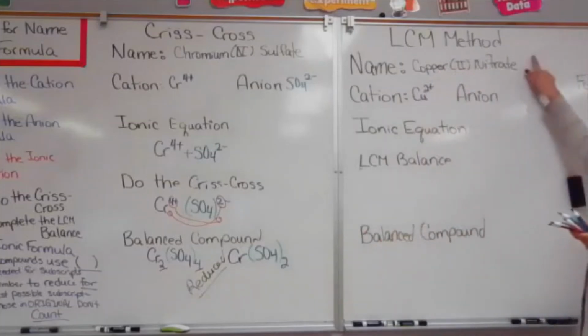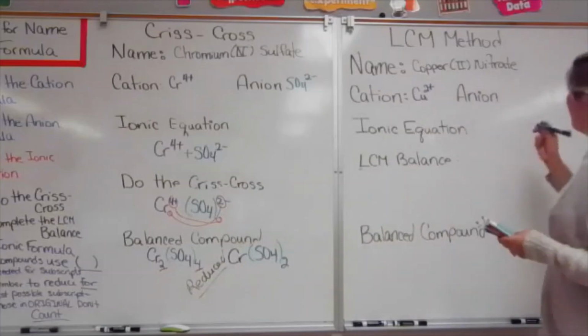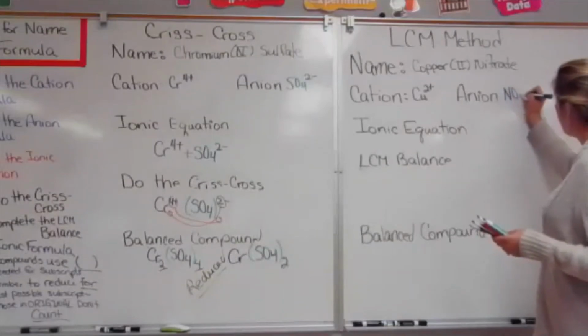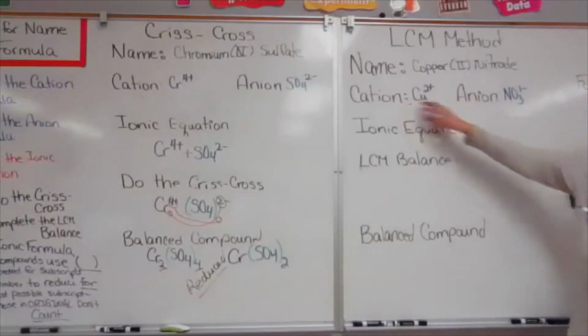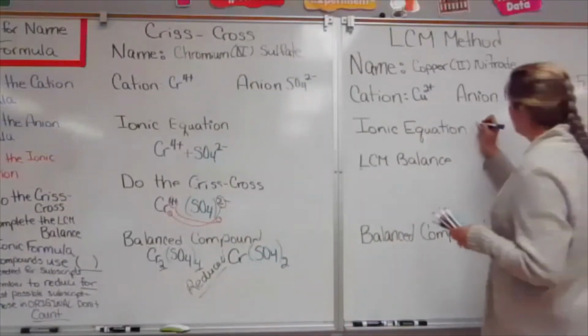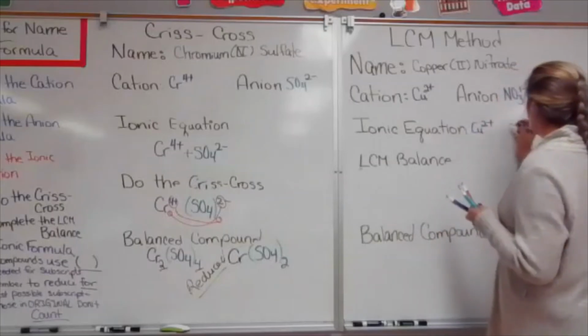Then we have nitrate. Nitrate, we know is the anion because it's written second. We also know it's an anion because nitrate is a negative polyatomic. So we can write this as NO3 1-. Now that I separated my cation from my anion, I can write my ionic equation of Cu2+ NO3 1-.